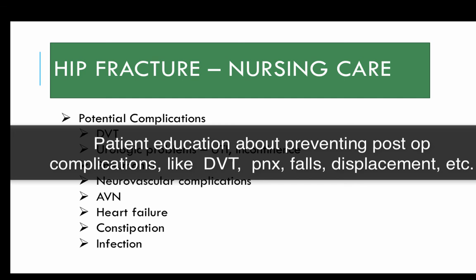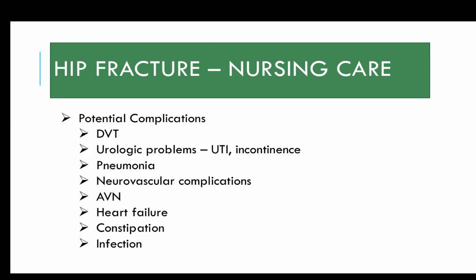There's frequently a problem with UTIs and incontinence associated with the use of Foley catheters during the surgery. A lot of times age can add to this, and problems with incontinence because it's difficult to get on a bedpan and they don't want to get up. Pneumonia is a problem. Neurovascular complications.